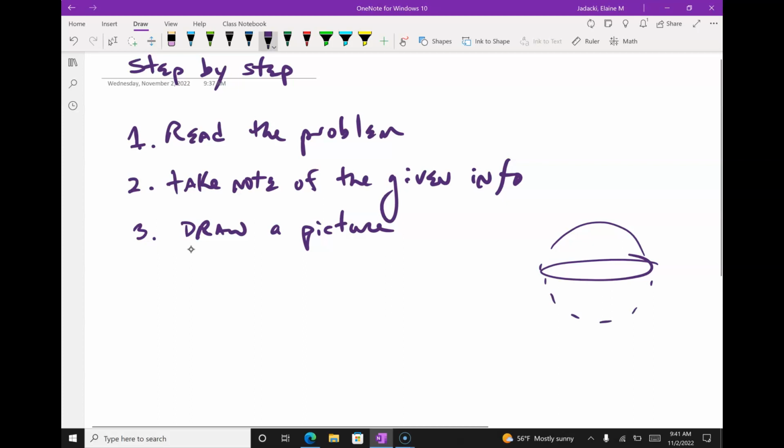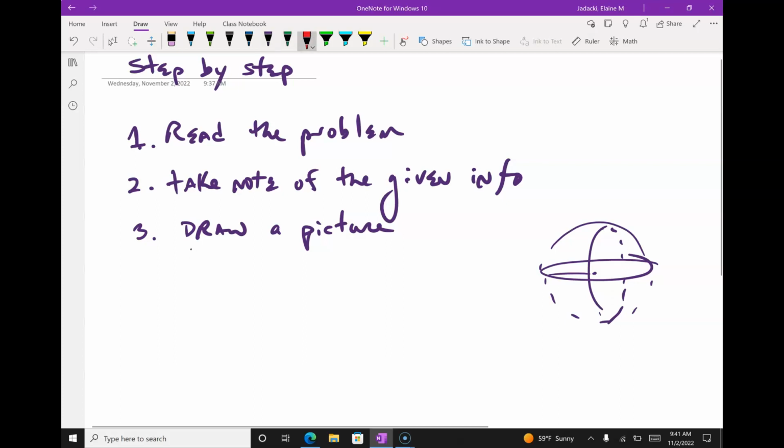For the sphere, it's hard to draw, but we had a diameter, a radius kind of thing. I'm thinking about surface area, volume, radius, and diameter as I read the problem and see what they gave me.